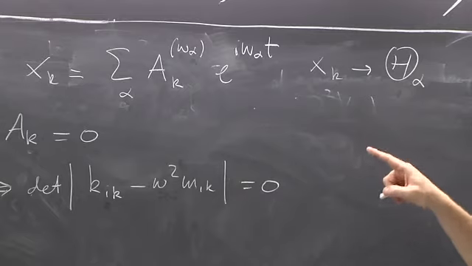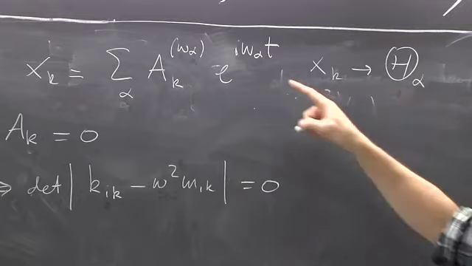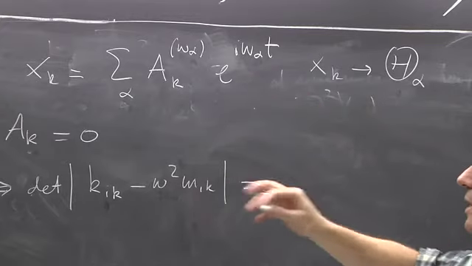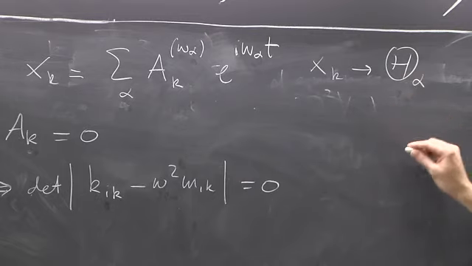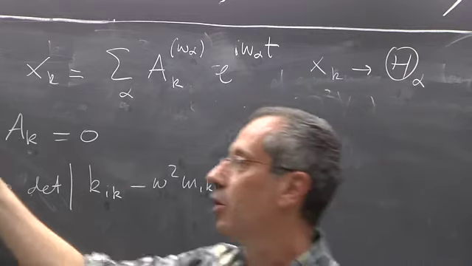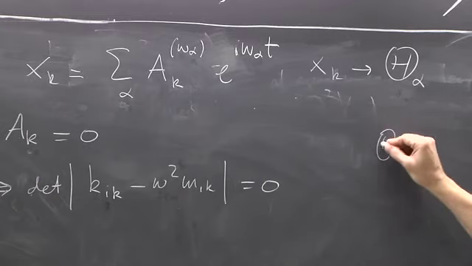Each coordinate is such that the solution in that coordinate moves with a single frequency. That means that in this coordinate, the equations of motion are not like this, they are each like this, right?